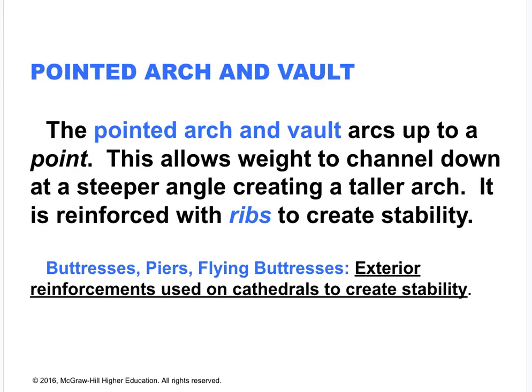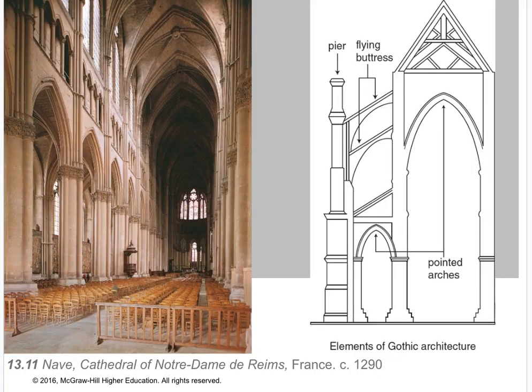These that we're about to look at are some of the greatest, largest, tallest cathedrals in all of Europe. And they were built only because this type of architecture allowed for such height. So let's look at these and see if you can see what's happening here.